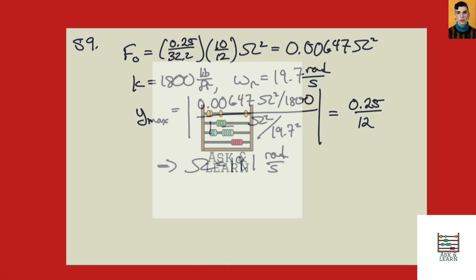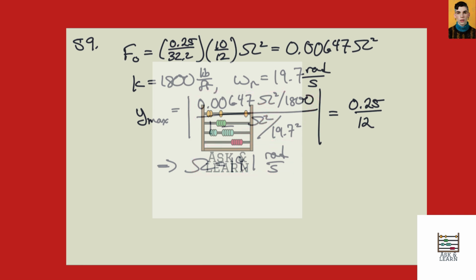So again, there should be one that's above. Oh, I know why. Because we can also have this a negative, because I didn't consider the absolute value here. So when the forcing frequency is above the natural frequency, this would be negative.